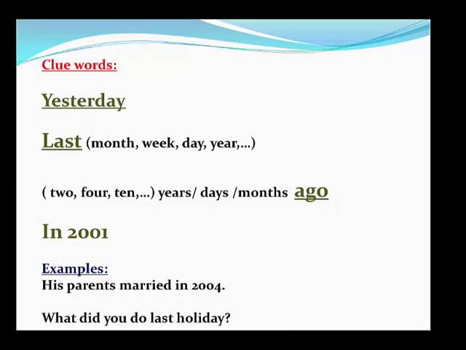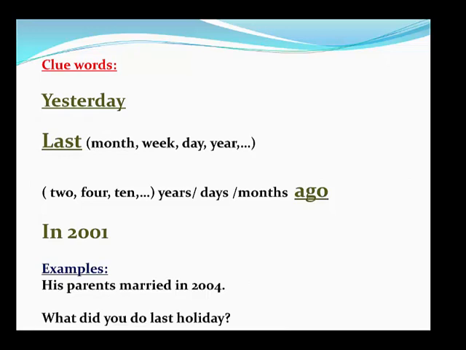What did you do last holiday? So, the base verb here is do, which is the second verb, do. But did here is the helping verb. Did is the helping verb.